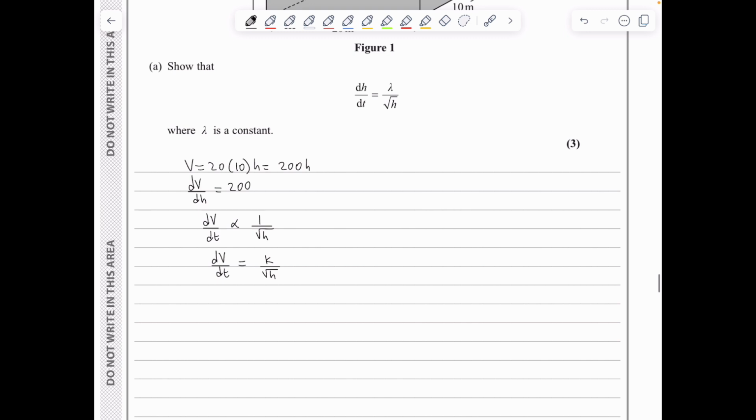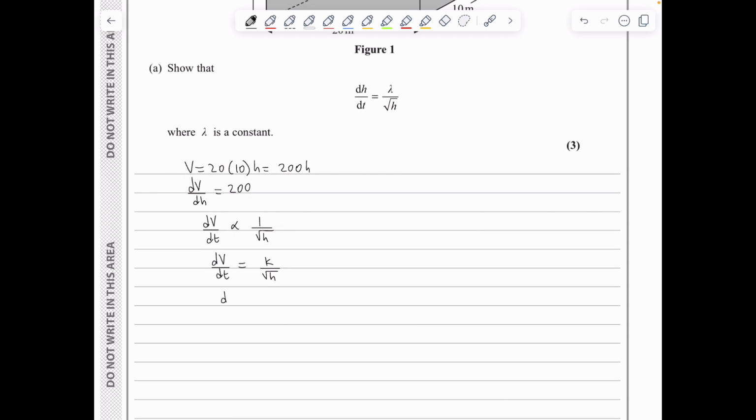I will then use the chain rule to write that dh/dt is simply dh/dV times dV/dt. So I'm simply saying that to go from h to t, I will go from h to V and then from V to t. Now dh/dV is simply the reciprocal of dV/dh, so it's going to be 1 over 200, and the dV/dt is k over root h.